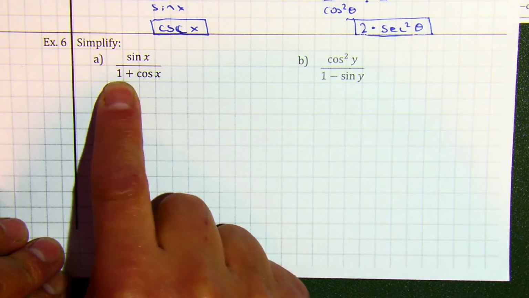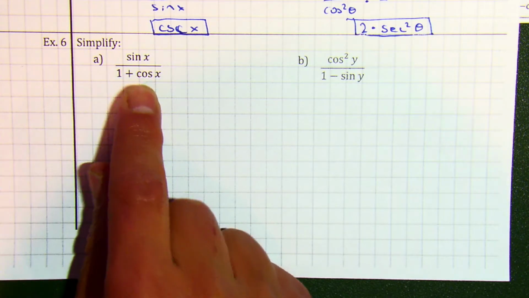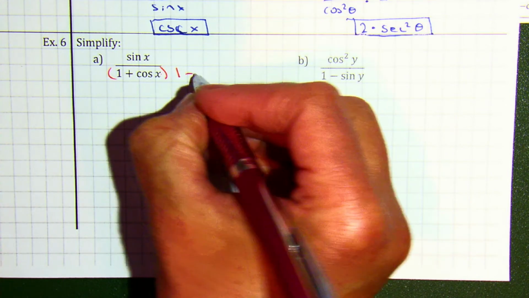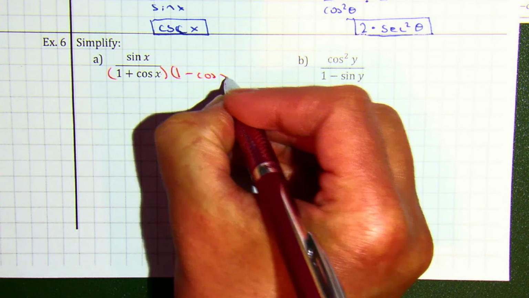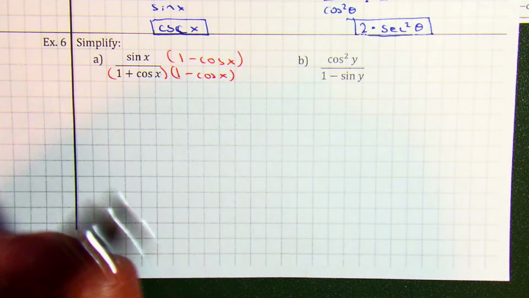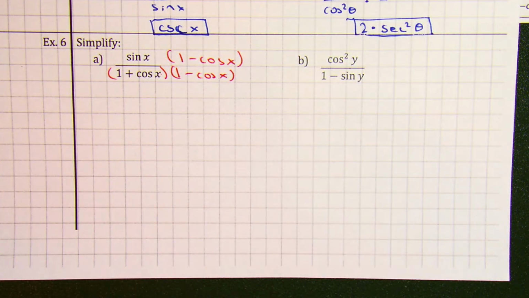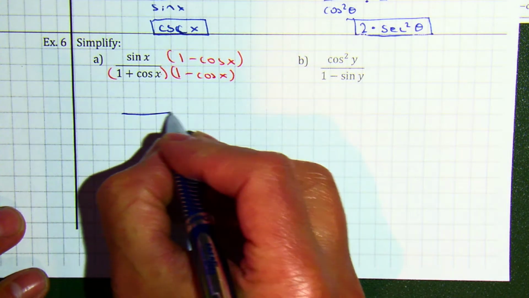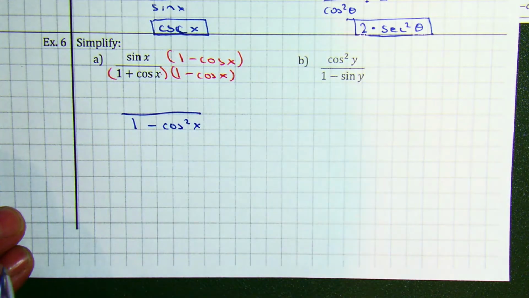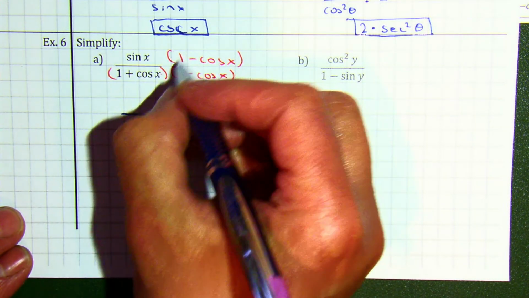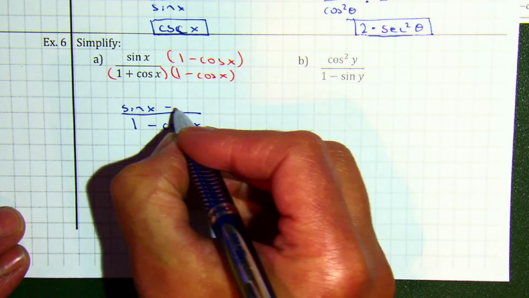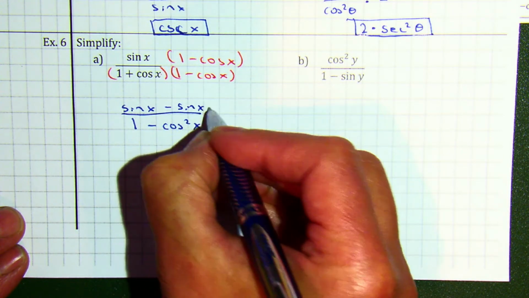But I notice there's a 1 plus cosine of x, so I'm going to multiply by the conjugate, 1 minus cosine of x, because on the denominator it is going to create the difference of two squares. And on the numerator, I will multiply this out, so I have the sine of x minus the sine of x cosine of x.